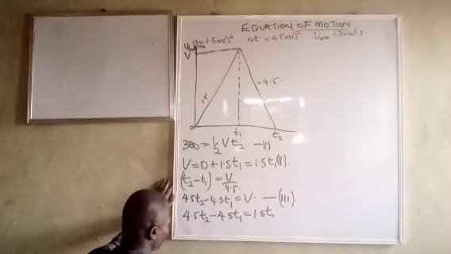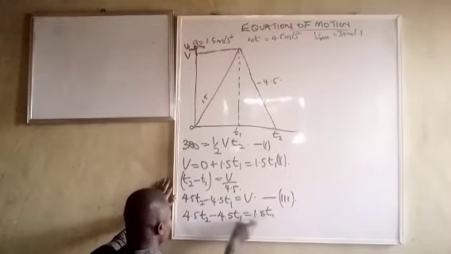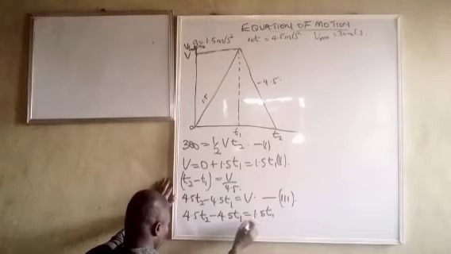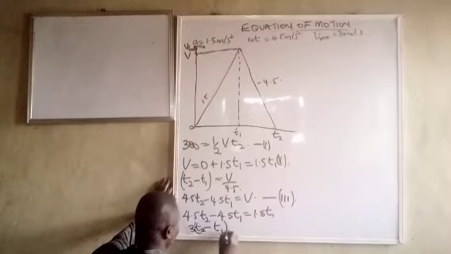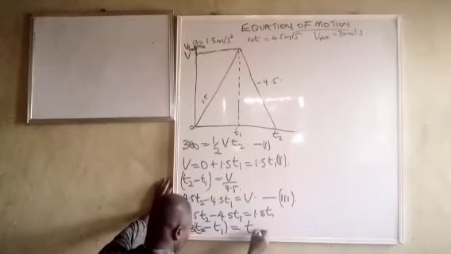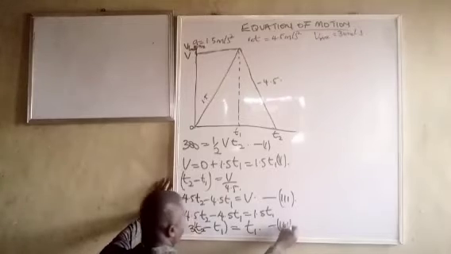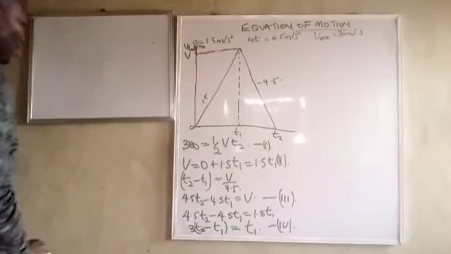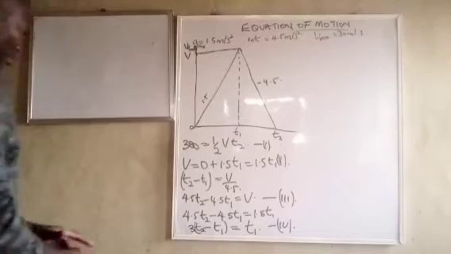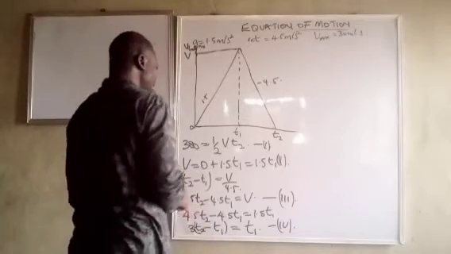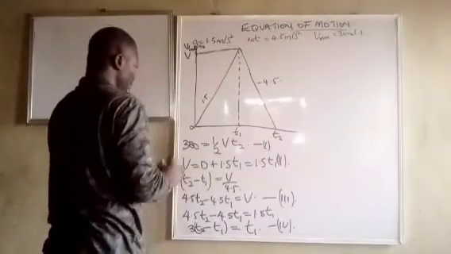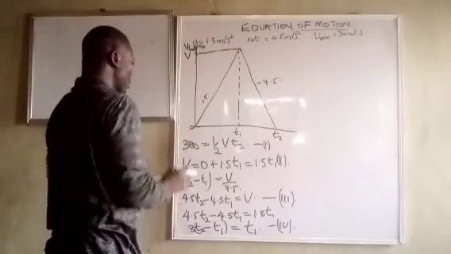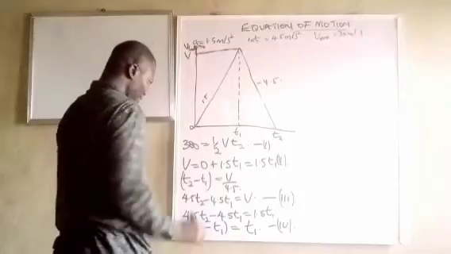What does that say? It means that 3T2 minus 3T1 is equal to T1. What does that say? It means that this place is 1/3 of this place, and with this we can cover everything.